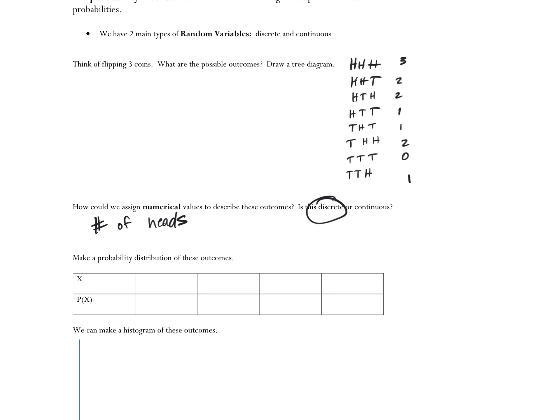So from this, we can make this probability distribution. What are all my possible outcomes? Well, the smallest one seems to be 0, and then 1, and then 2, and then 3. Okay, you guys, of the 0, the 1, the 2, the 3, are they all equally likely? Why?